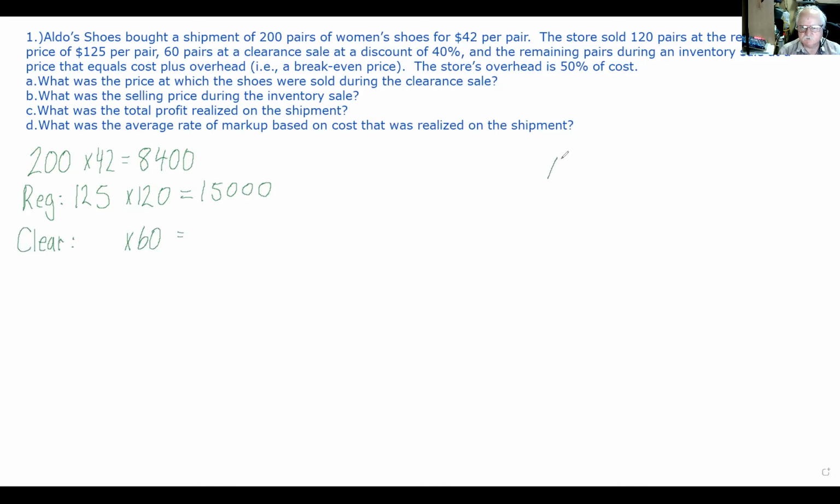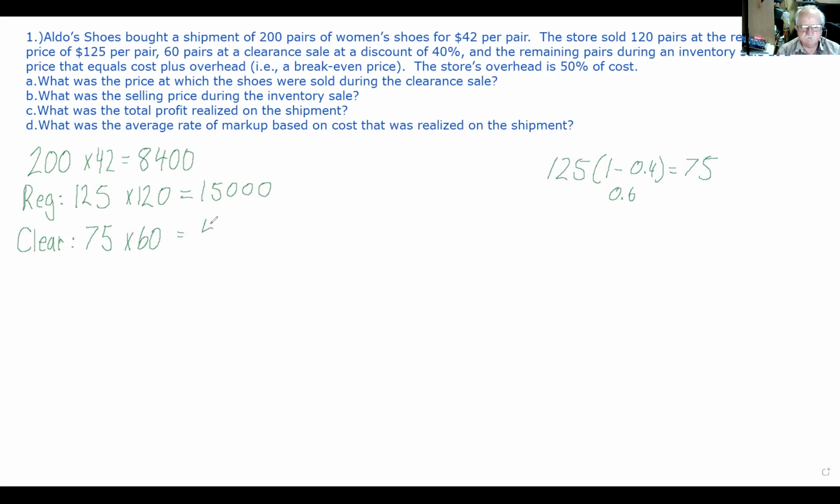Let's do that over here. 125, 1 minus 40%, so 0.4. So this is 0.6. So 125 times 0.6, 75. That's correct. So we know there was a price of 75 and they sold 60 of them.